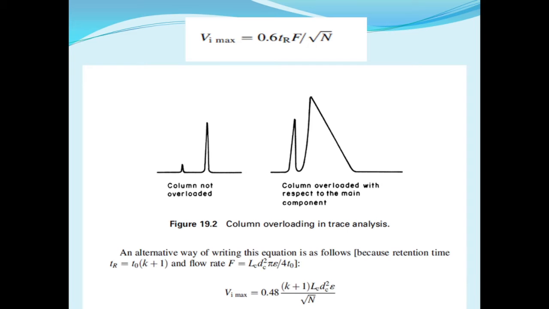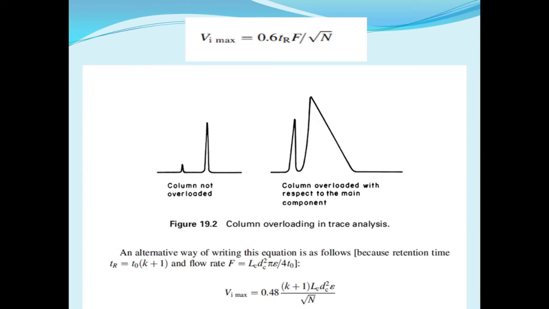The equation also makes clear that the sample mass, the product Ci into Vi, should be large. The column may be overloaded with regard to the main components as long as the resolution of the trace peak is not affected. However, the injection volume is restricted if band broadening needs to be avoided.